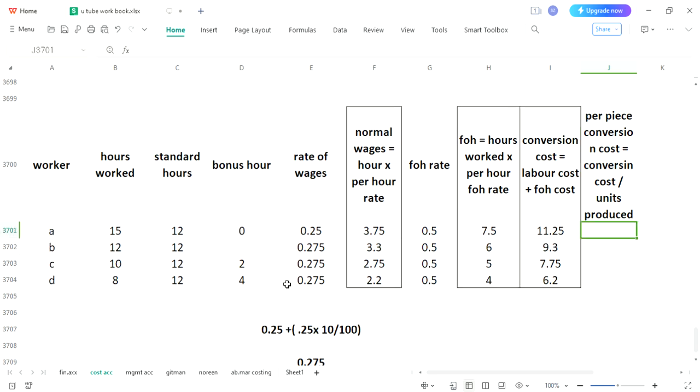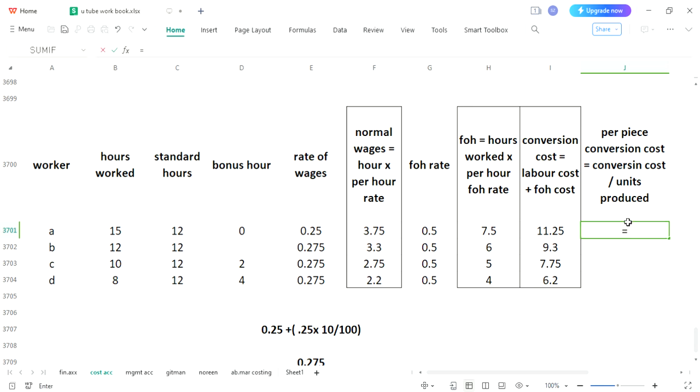Formula is simple. So per piece conversion cost, how conversion cost would be divided by units produced. So it's a simple thing. This is your conversion cost 11.25, and it would be divided by number of units produced.